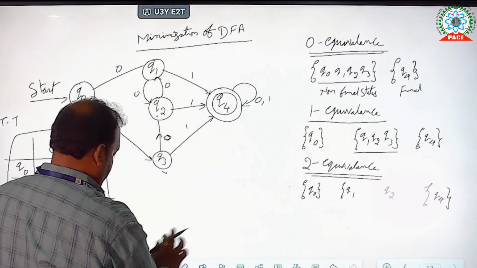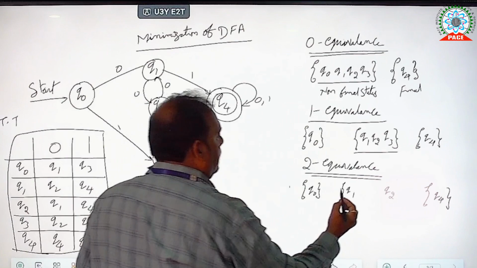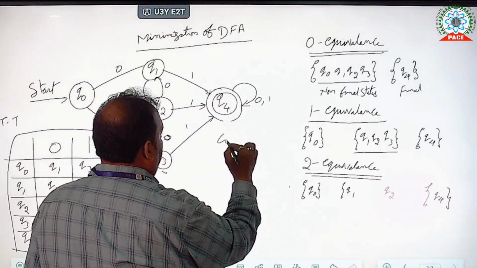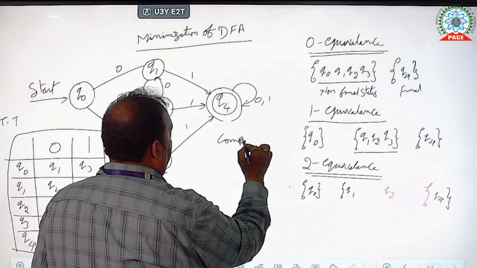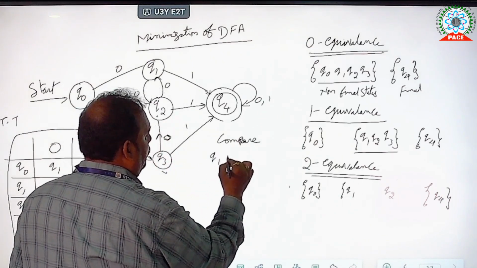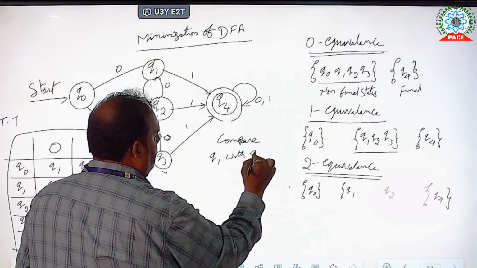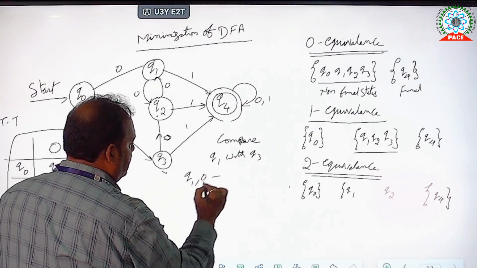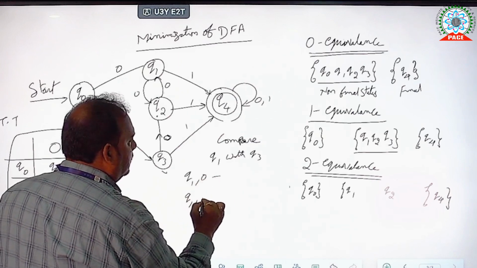Again compare Q1 with Q3. Q1 with a 0 transition and Q3 with a 0 transition, Q1 with a 1 transition and Q3 with a 1 transition.